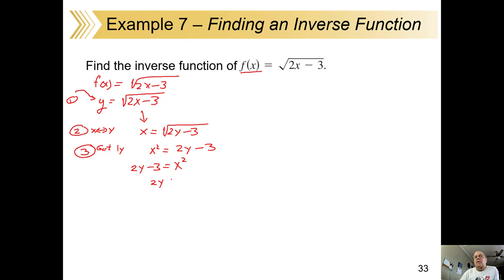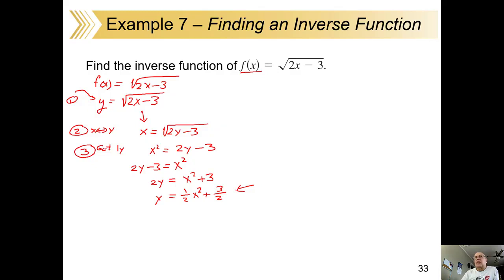I'll have 2y left over here, and the x squared plus the 3 that I just added on this side. But I want 1y, so I'll multiply both sides by 1/2. That'll give me 1y here, and I'll have 1/2 x squared and 3 halves.